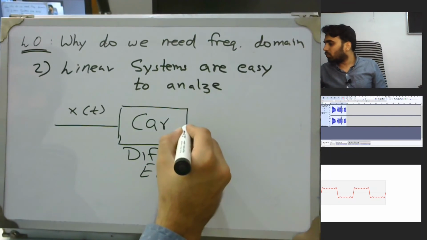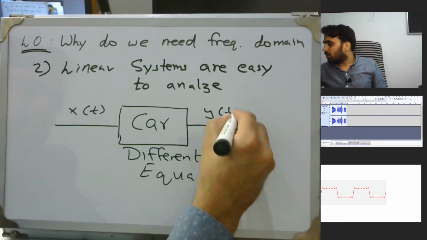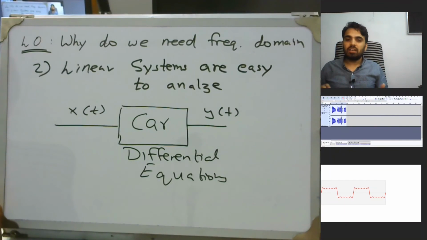How would the car behave? This would be quite difficult to analyze and understand in the time domain. However, if you go to the frequency domain, things would be quite simpler.